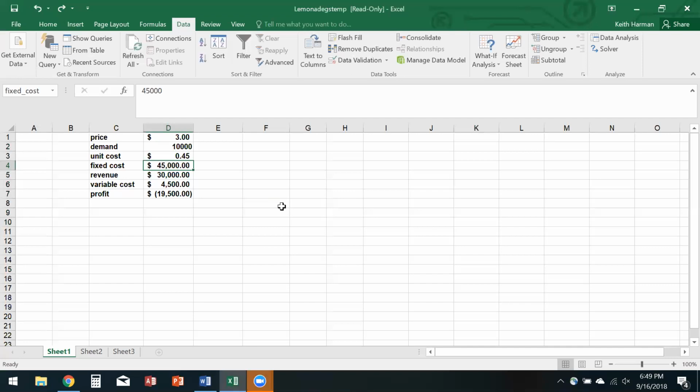What I'm going to do here is say what's the break-even units? Well, if I sold 10,000 items at $3, I made $30,000. There's the revenue. Now I had $45,000 in fixed costs, and I had $4,500 in variable costs.